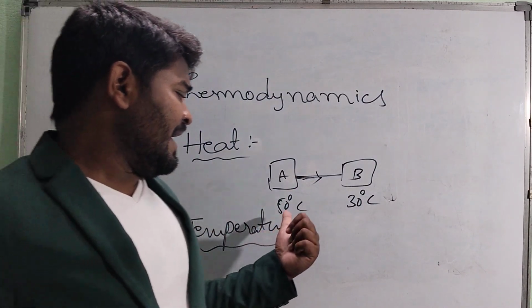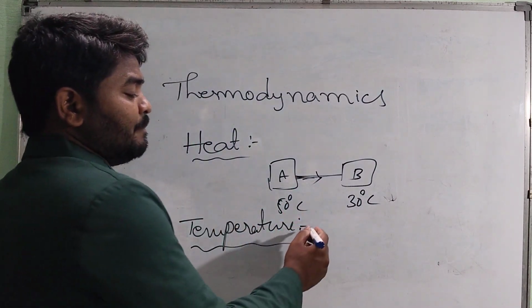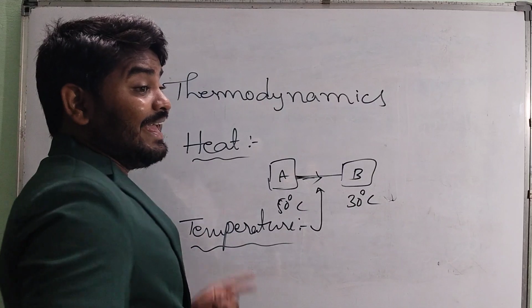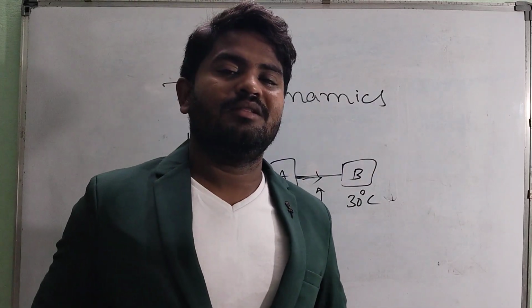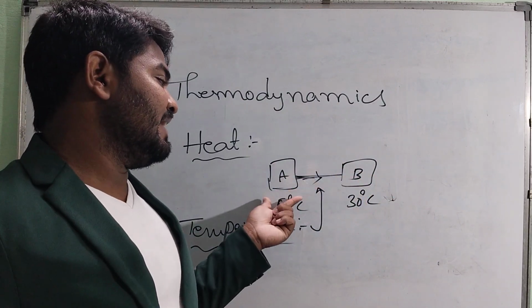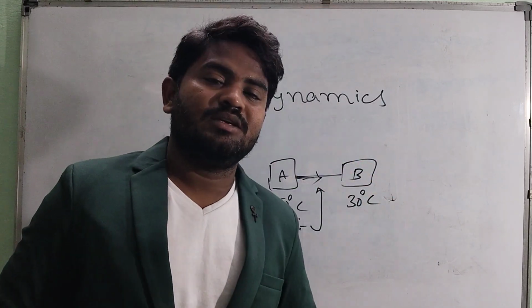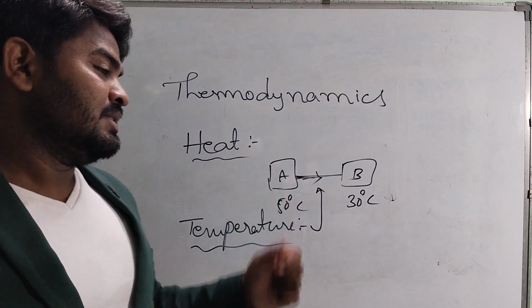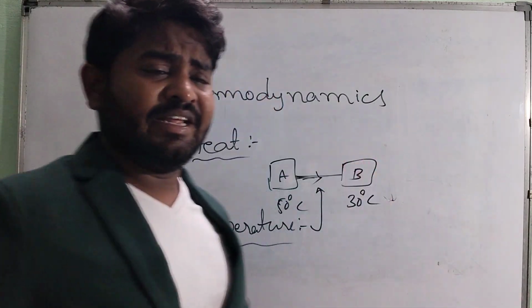And the main important point is that temperature decides the direction of the flow of heat. If you observe here, heat is flowing from A to B because A is at high temperature, B is at low temperature. So the temperature of the object decides the flow of heat energy.